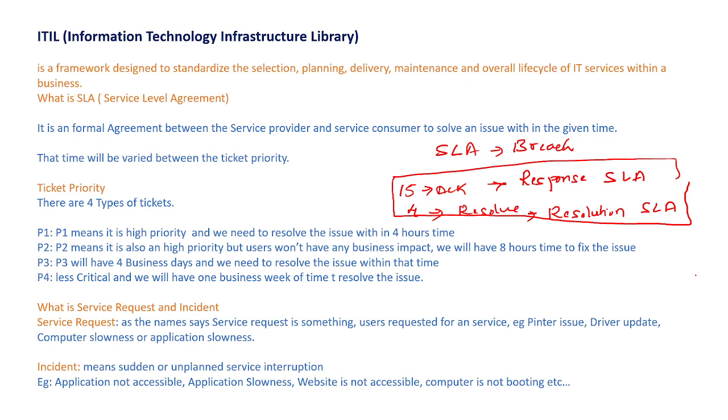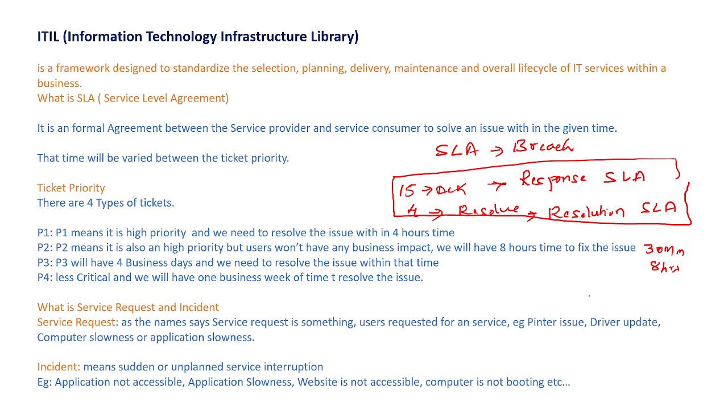Do one thing, try to resolve this issue in a maximum of 8 hours. Acknowledge such issues within 30 minutes and resolve them in 8 hours. So 30 minutes is the response SLA for P2 and 8 hours is the resolution SLA.